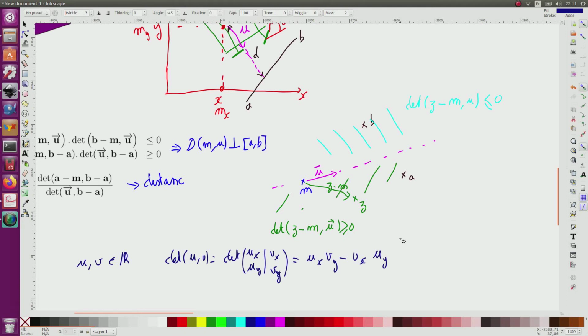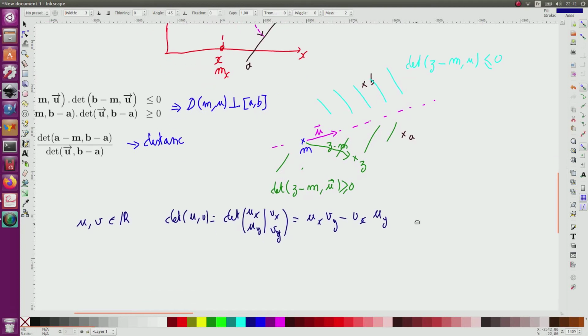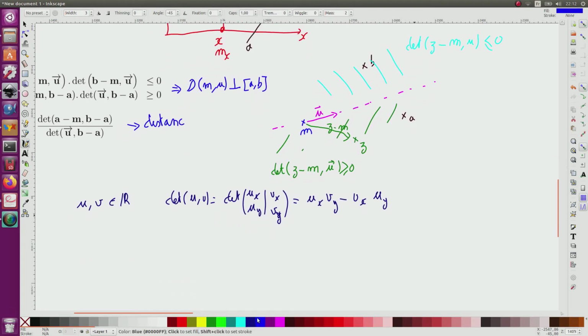We have to understand that if U is here and V is here, the determinant corresponds to the area of the parallelogram with sides U and V. But there is a sign, it can be minus or plus.